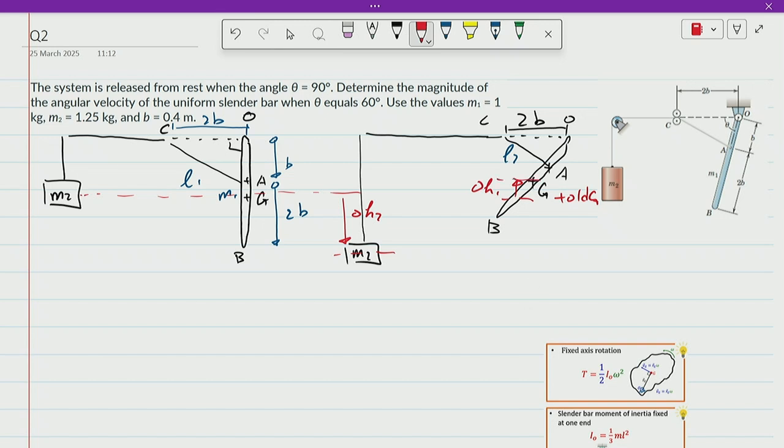So mass 2 drops down, so it actually loses potential energy, whereas mass 1, the rod, rotates up and gains potential energy. Now when we calculate these, later on we have to manually assign a negative sign for delta H2. The direction, these are one-sided arrows, they're very important.